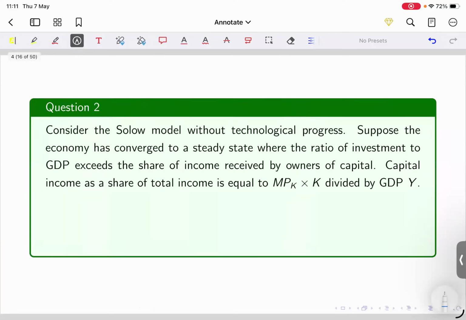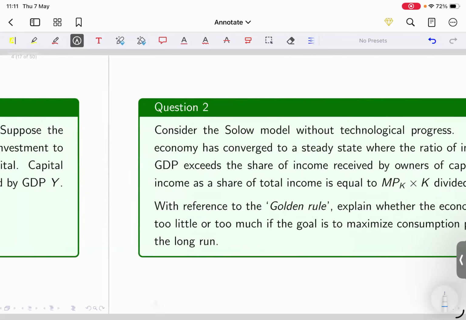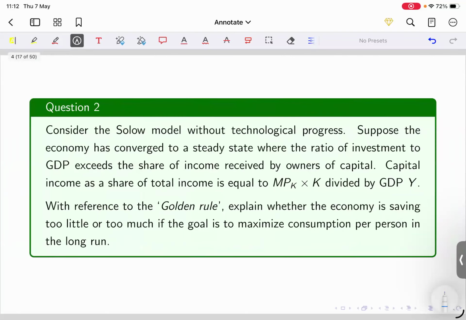Then context. Suppose the economy has converged to a steady state where the ratio of investment to GDP exceeds the share of income received by owners of capital. Capital income as a share of total income is equal to the marginal product of capital times the capital divided by GDP, Y. Then the actual question: with reference to the golden rule, explain whether the economy is saving too little or too much if the goal is to maximize consumption per person in the long run.